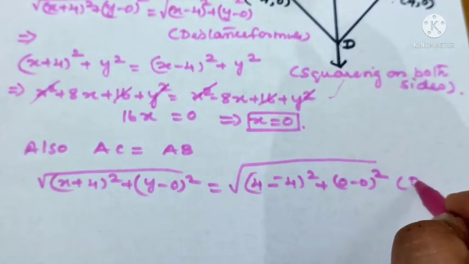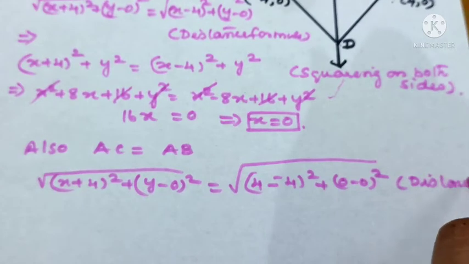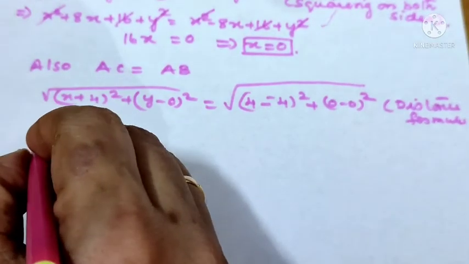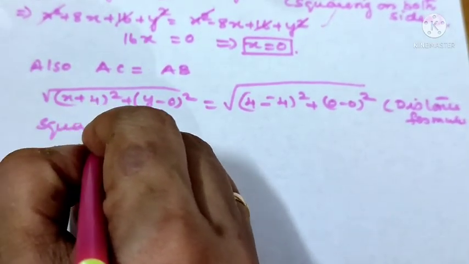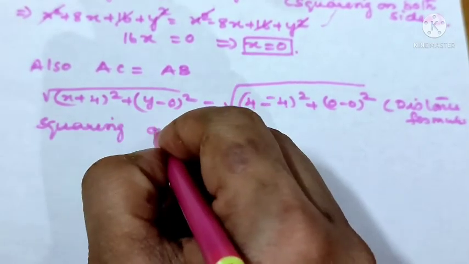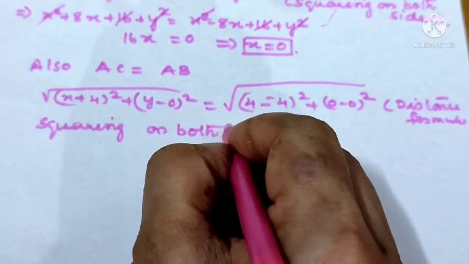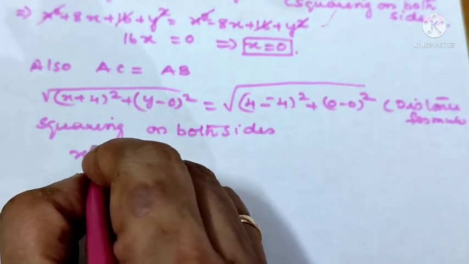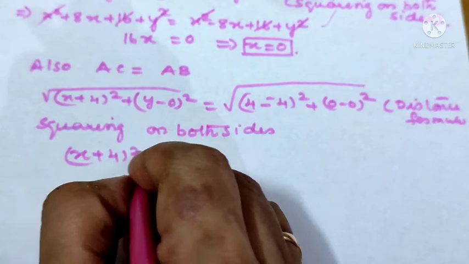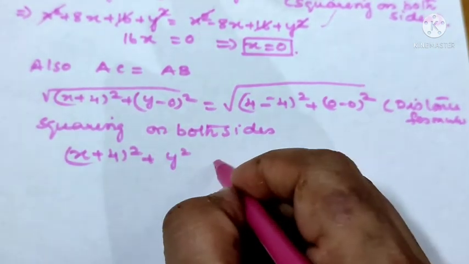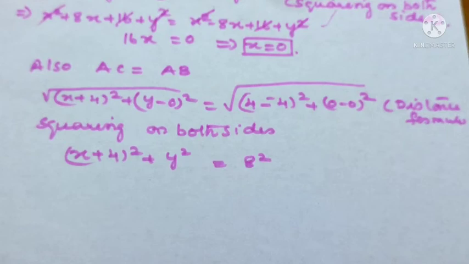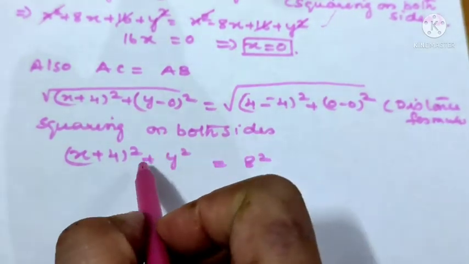What we should write here? Distance formula. Squaring on both the sides. x plus 4 whole square plus y square equal to 8 square. 4 plus 4 is 8 only.